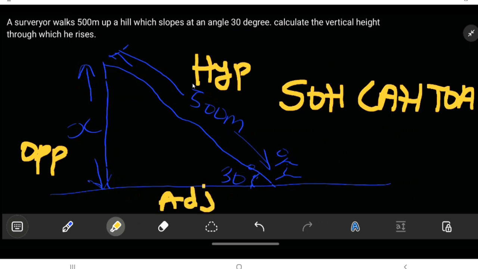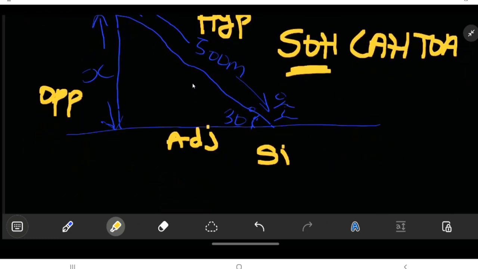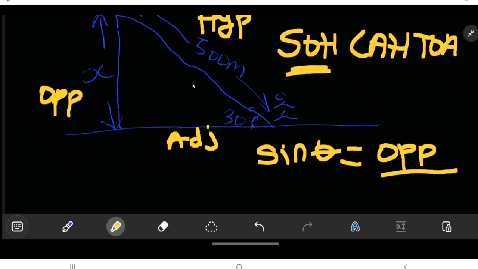We're looking for a formula that has to do with the opposite and the hypotenuse. So that is our sine. Sine theta equals opposite over the hypotenuse.